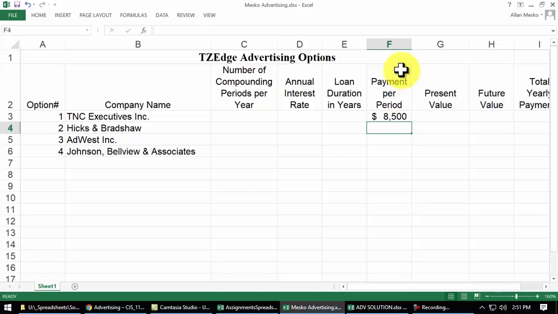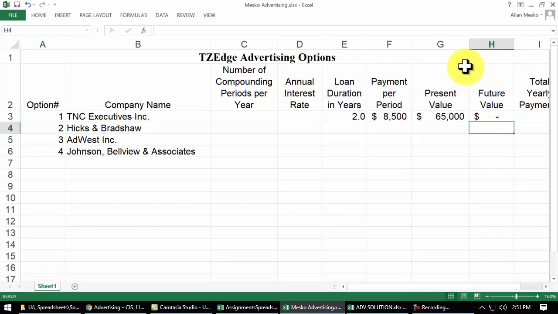And it's going to be for how long? 2 years. So this would be 2 for 2 years. The total that we're borrowing, the present value, would be $65,000. Future value, of course, would be 0. We're going to pay that off in 2 years.